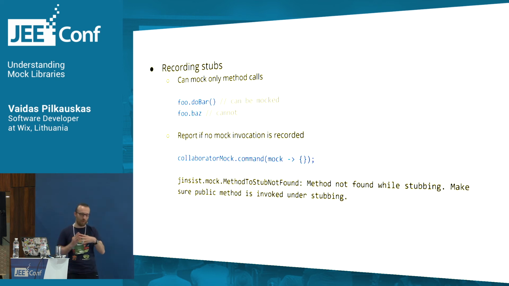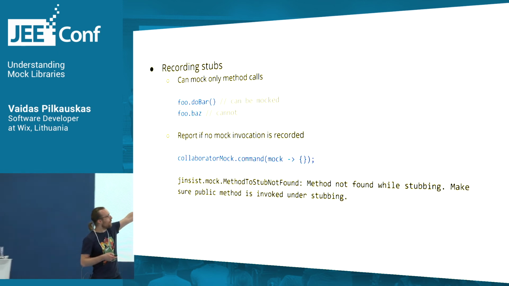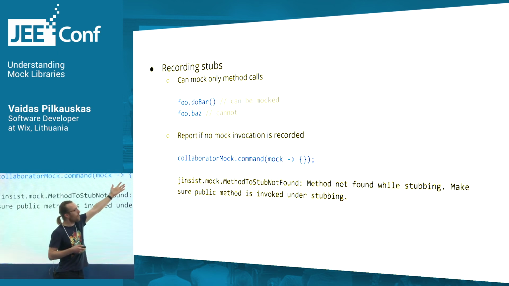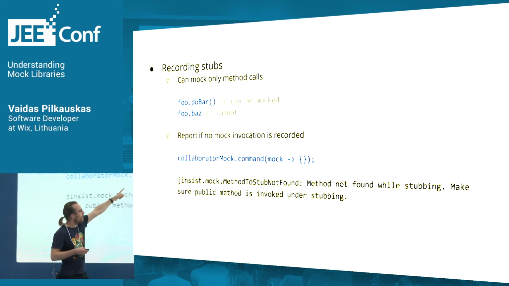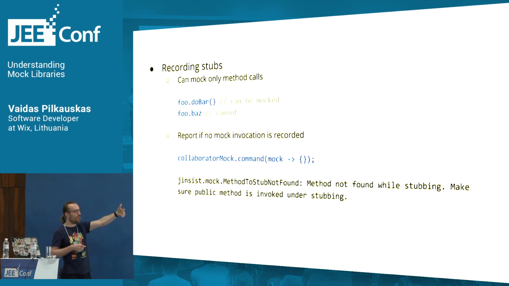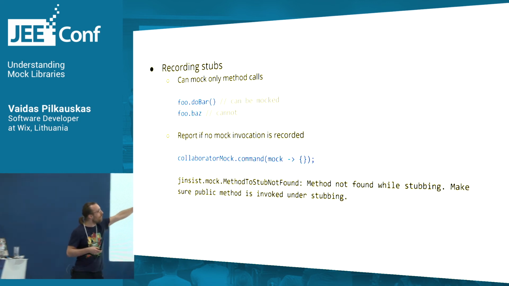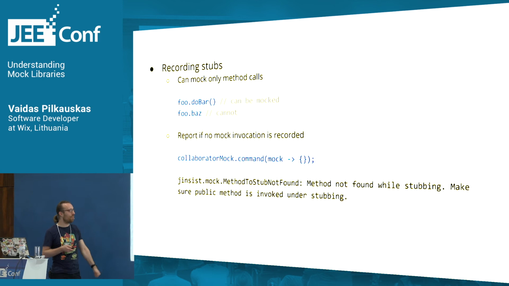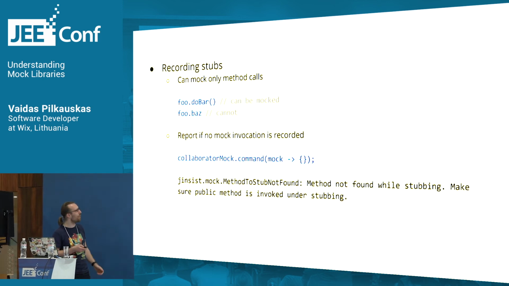So the goal is to make reporting an explicit first-class citizen in the framework. Also, you can see that if I call a lambda, it's a valid lambda, it will be accepted by command, but you cannot mock anything by this call. So JInsist will tell you that, okay, method to stub was not found. So this is how it looks.